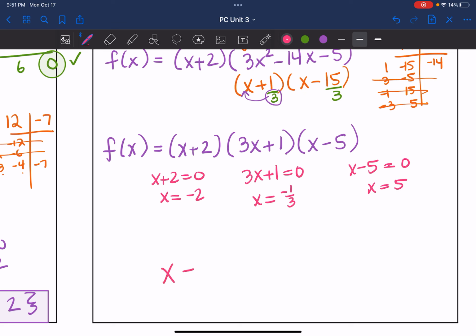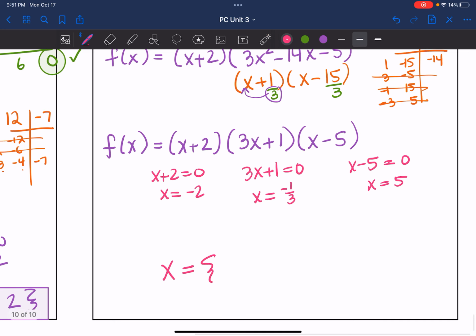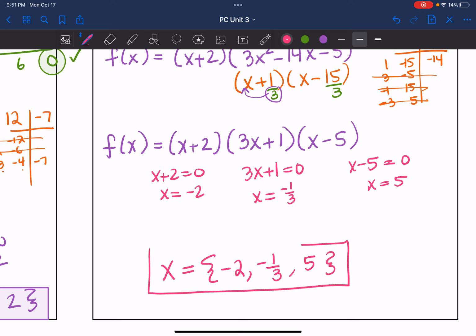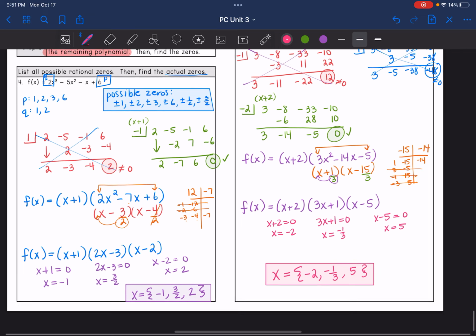Okay, so those are the three solutions, but we're going to write them in order from least to greatest. It actually already looks like they are least to greatest. So as a set, -2, -1/3, and +5. Those would be the three zeros of that polynomial. This is where it crosses the x-axis.